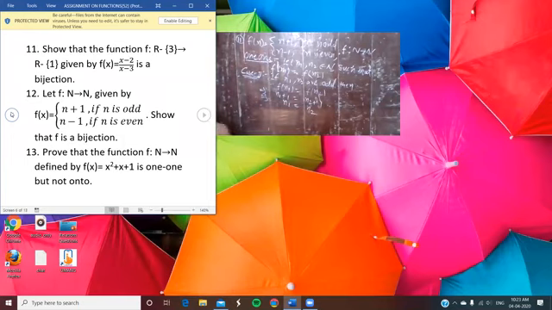So in the first case, when n1 and n2 are even, n1 and n2 are equal. If n1 and n2 are odd, you have n1 is equal to n2.